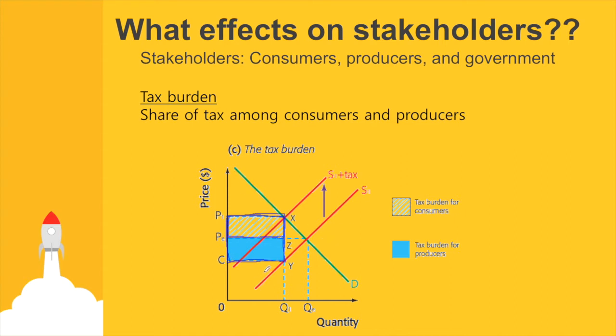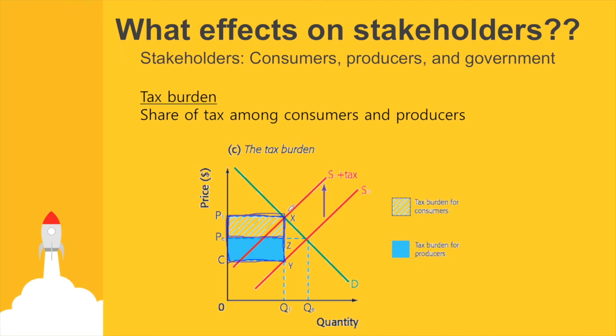In this diagram, where the price elasticity of demand and the price elasticity of supply are equal, the tax imposed on the product is shared equally among consumers and producers. This box shows the share of tax among them.